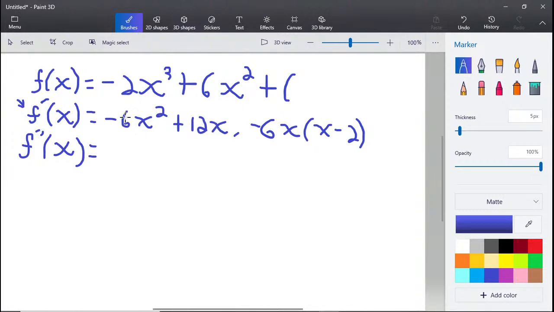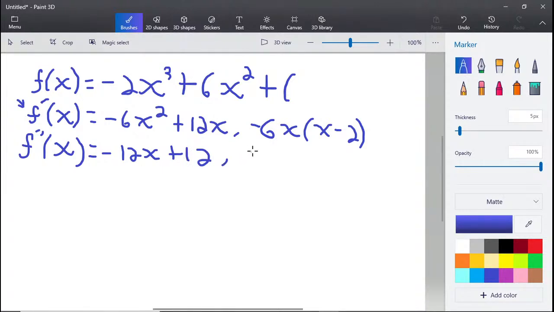And so we're going to use our power rule. Negative 6 times 2 is negative 12. Drop down this, minus 1. And then the power rule again, we distribute the 1. Minus 1 is 0, x cancels out, so plus 12.